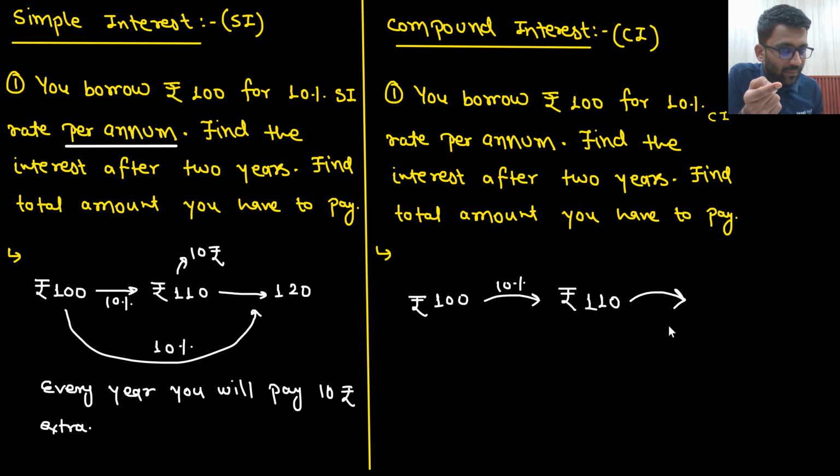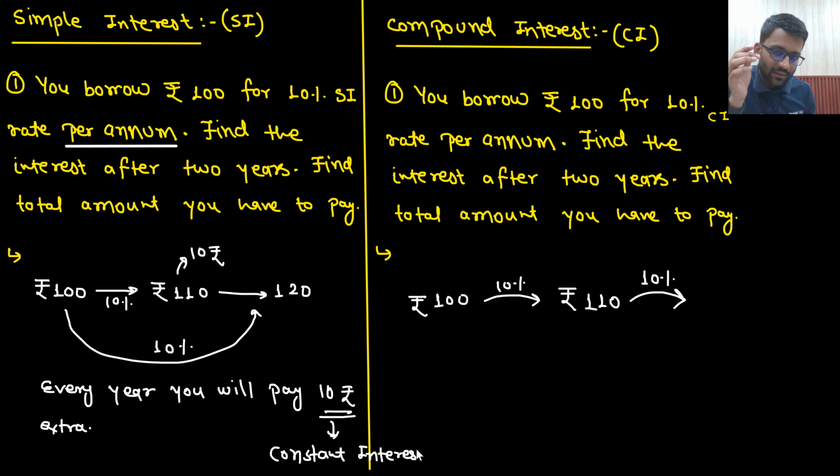Now again 10% will be applied, but on this 110 rupees. Here your interest was constant. It was always 10.